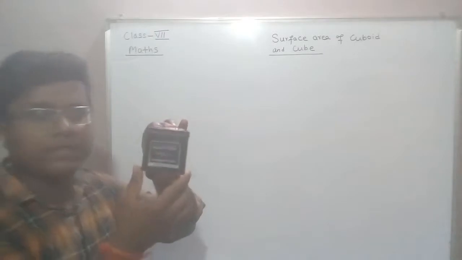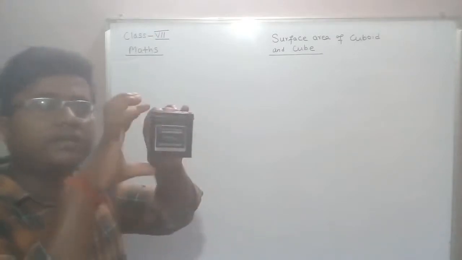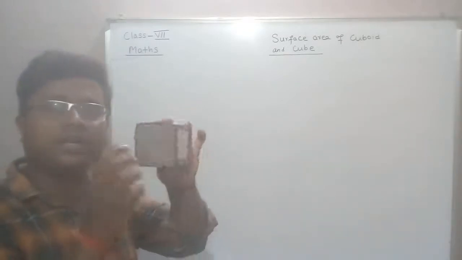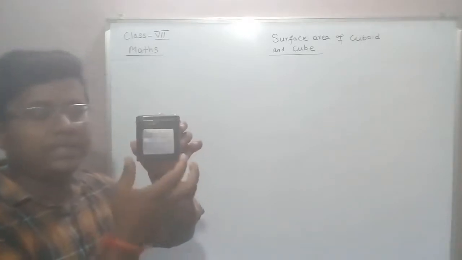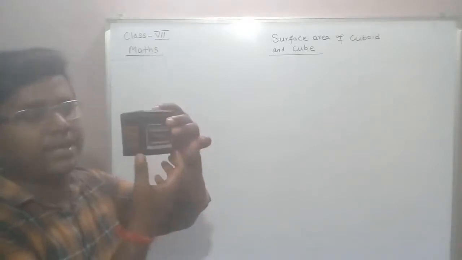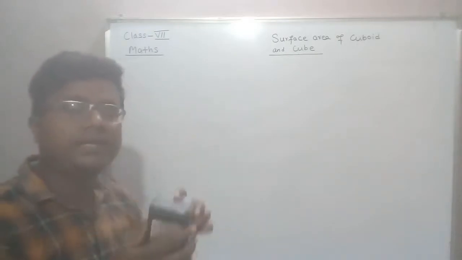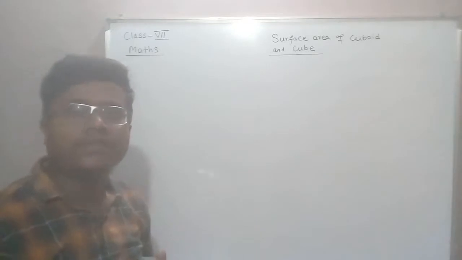If length is not equal to breadth is not equal to height, then it is your cuboid. And if length is equal to breadth is equal to height, then the box will be your cube.